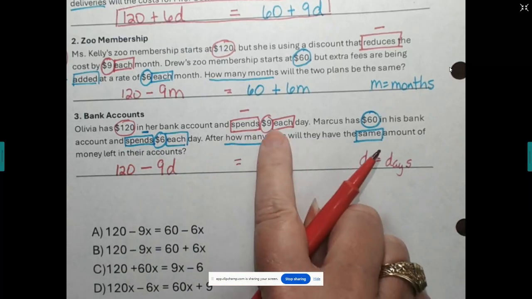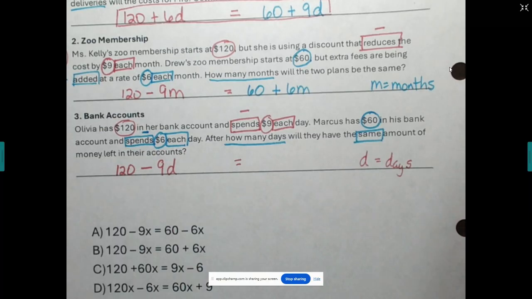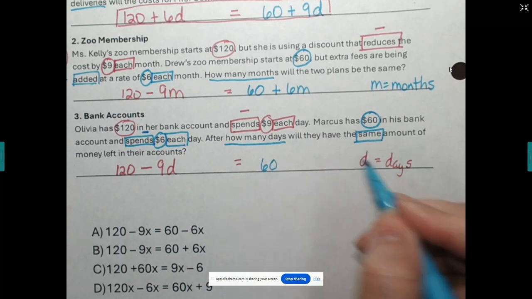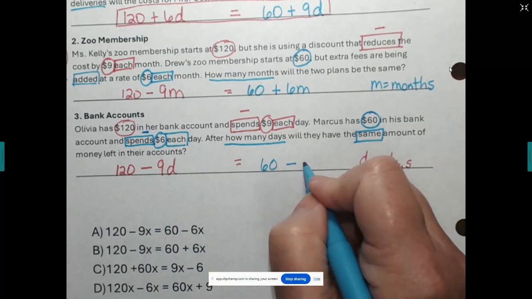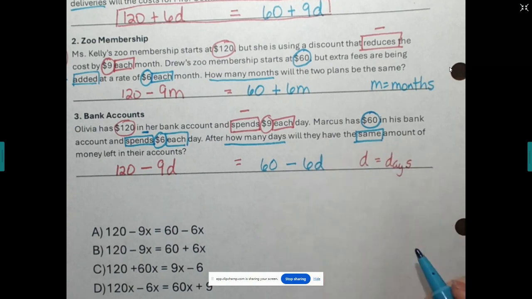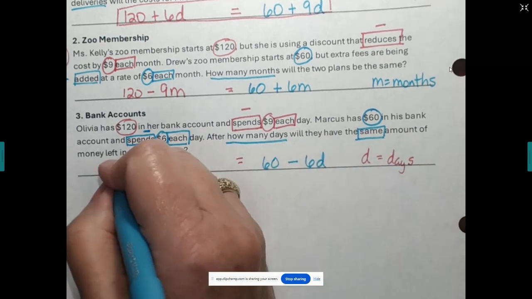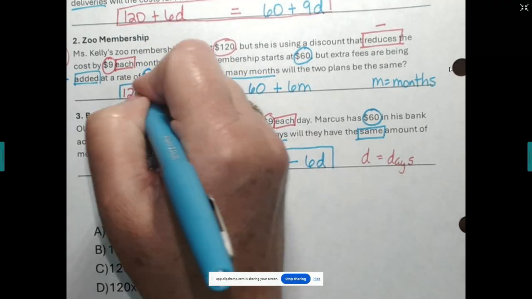Attach the 9 to the variable. All right, and then we've got Marcus has $60, and he is also spending $6 per day. So here's my equation. Box it in. And then box this one in up here.